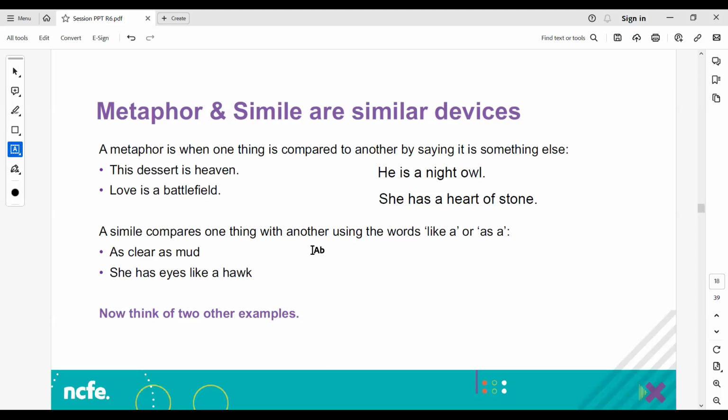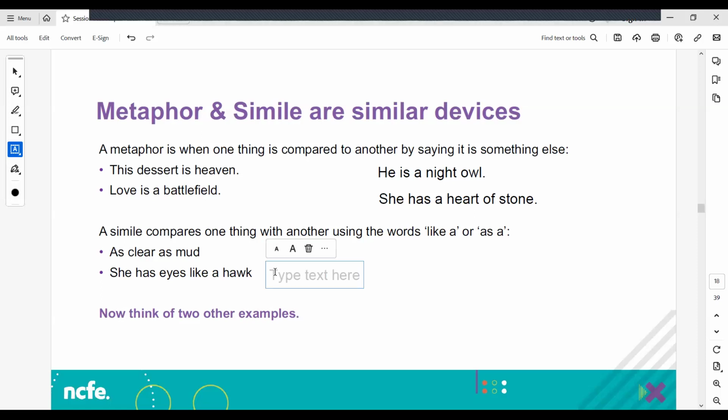If she has eyes like a hawk, we could change that into a metaphor by saying she has hawk eyes. So can you see the difference? This one that I've just written is a metaphor because we're saying she actually has hawk eyes for emphasis. We know she doesn't, but we're using that for emphasis. But this one is a simile because it's got the word like in it.